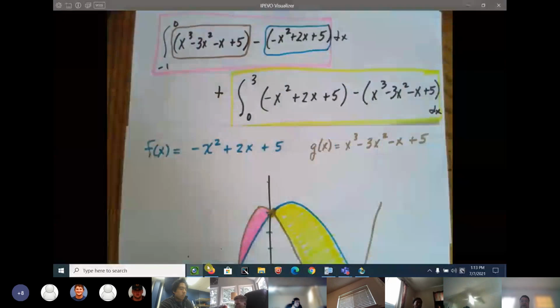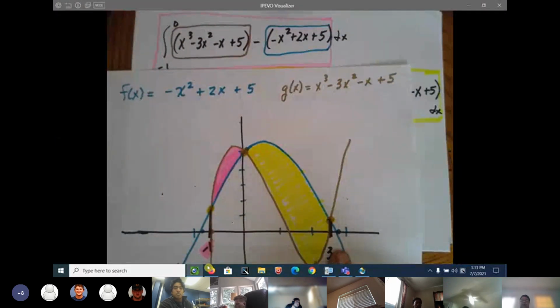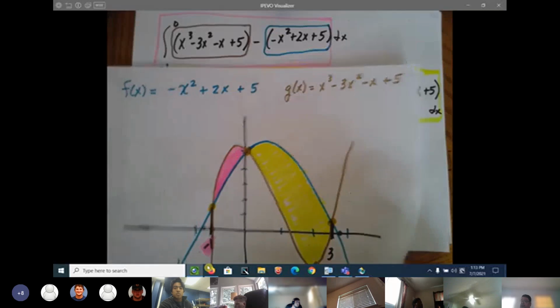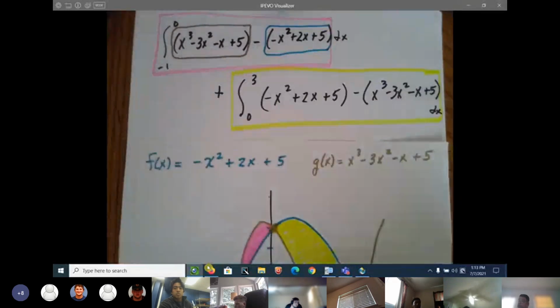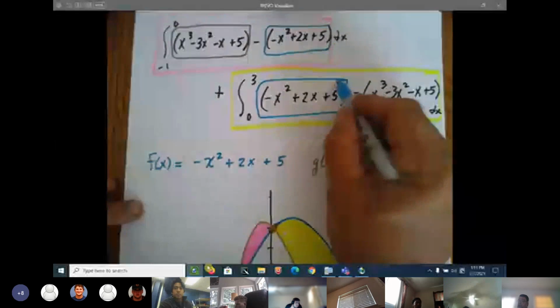And then plus from 0 to 3, the blue minus the brown.